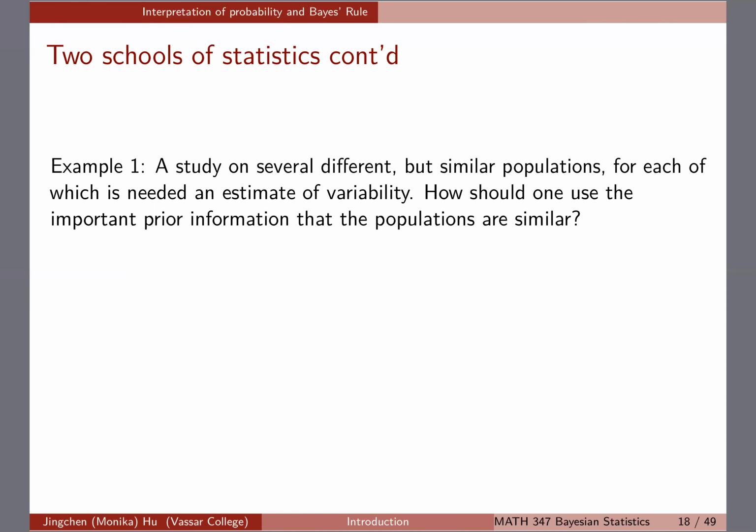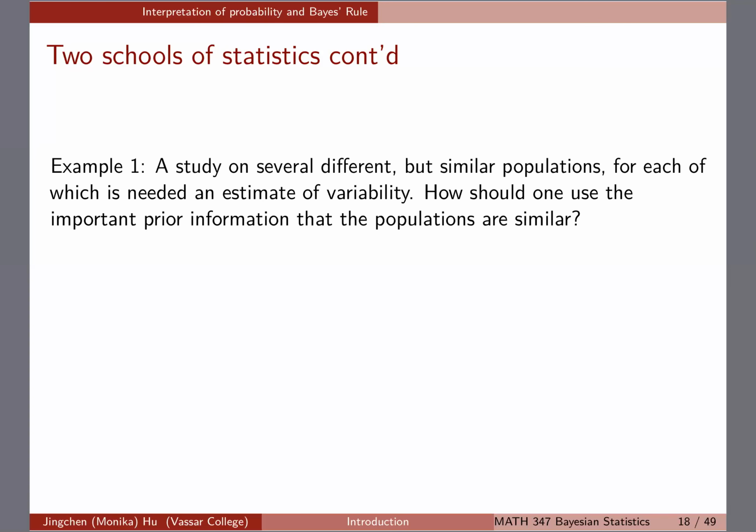If you believe that even though people are in different class years, their number of siblings from each class year will be similar, and then that means variability wouldn't be that different. So the question here is, if we believe so, how can we use this information when we're trying to get a variance estimate of that average number of siblings? Does that make sense?